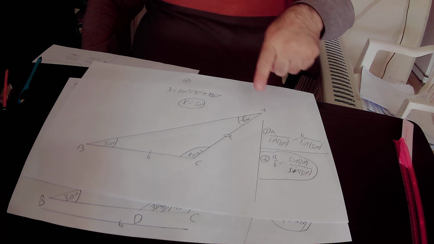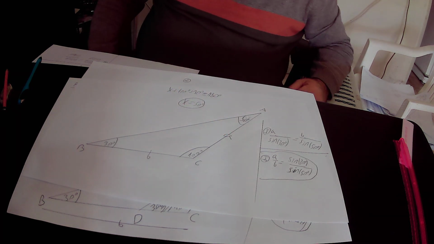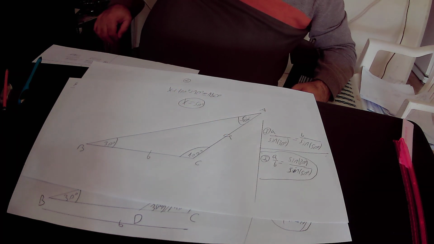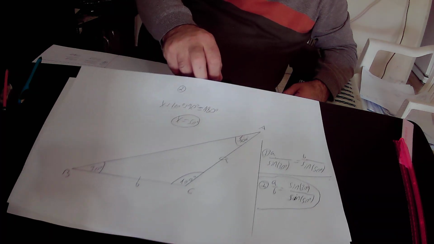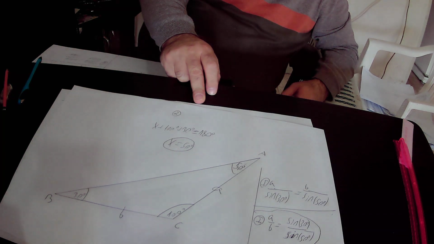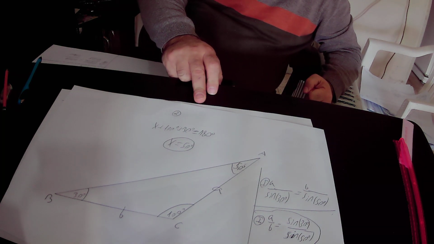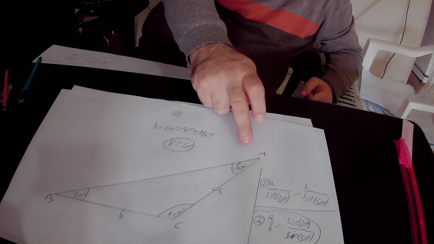That is to say, angle X plus 100 degrees plus 30 degrees must equal 180 degrees. Here we subtracted 130 degrees from this equation, and we found that angle X equals 180 degrees minus 130 degrees, which is 50 degrees. So angle X equals 50 degrees.